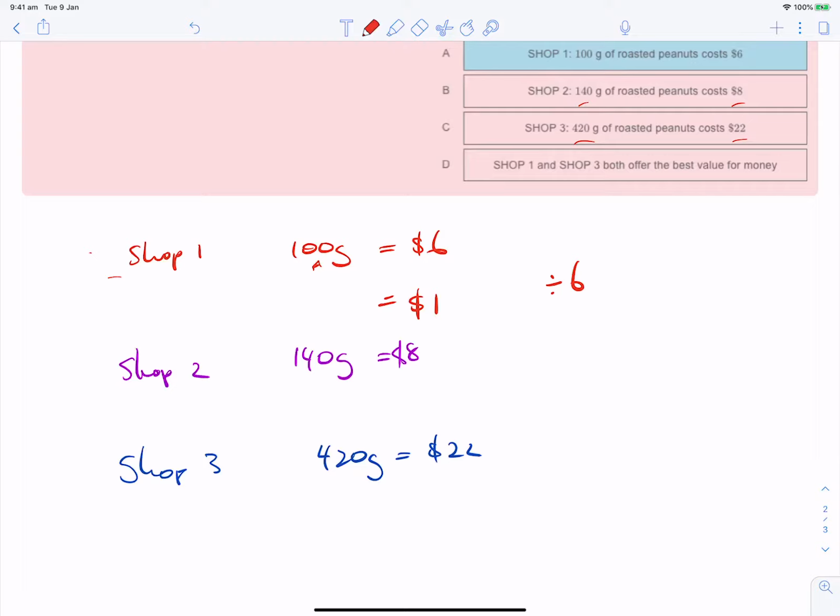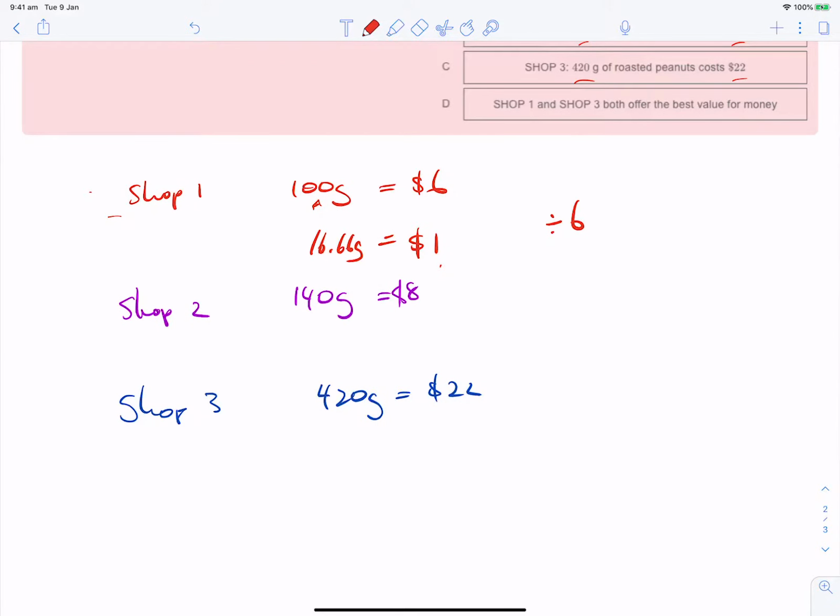And that means if I've divided the right hand side by 6, I'm going to have to do the same to the 100 grams, and 100 grams divided by 6 is going to equal, changing that from a fraction, 16.66 grams. So for $1, I get 16.66 grams.